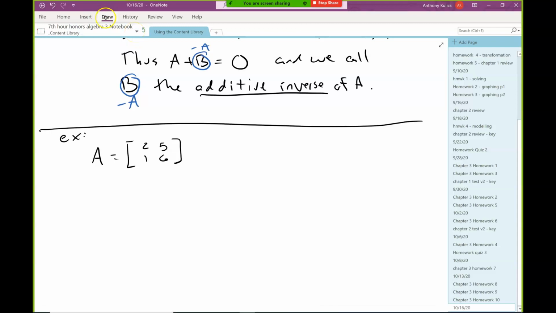So let's say that A is the matrix 2, 5, negative 1, 6.